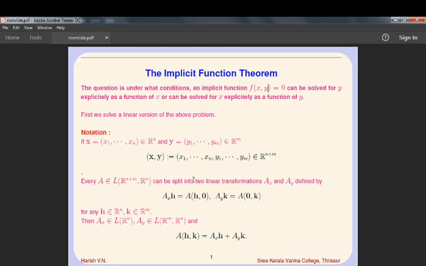So we will start with vectors x and y, and we want to solve for y in terms of x or x in terms of y. And we will first look at a linear version. That means your f is some linear transformation.